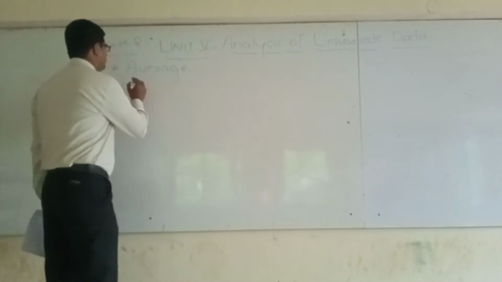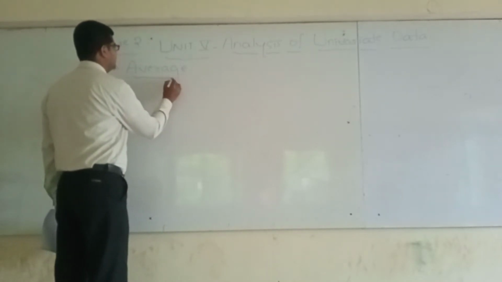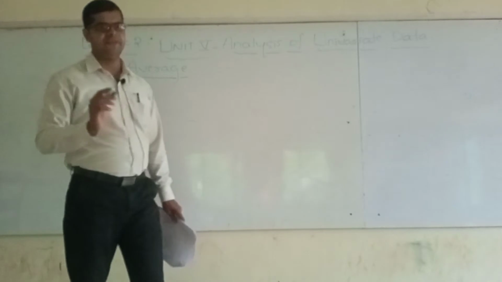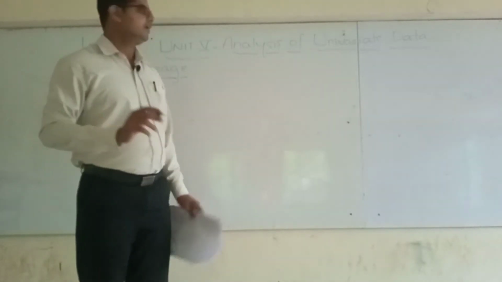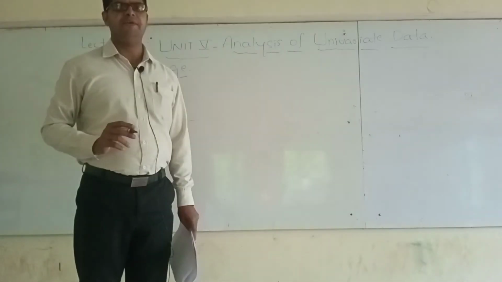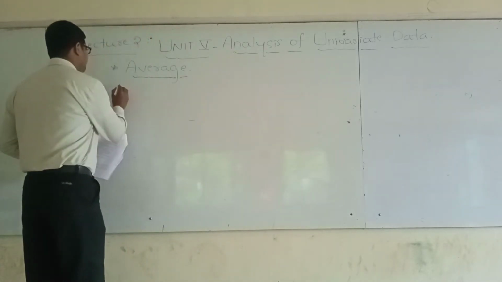So here we take some measures of central tendency that we took yesterday, where we think of a central value, and we have this average. So what is this average?